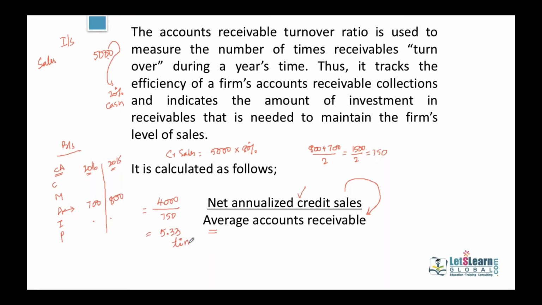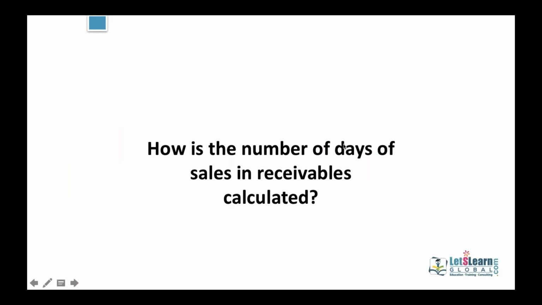These turnover ratios are to be expressed in either times or days. Accounts receivable turnover ratio is expressed in times, so we are collecting money 5.33 times each year. Let us convert this into number of days, which is days sales in receivables, or accounts receivable conversion period.